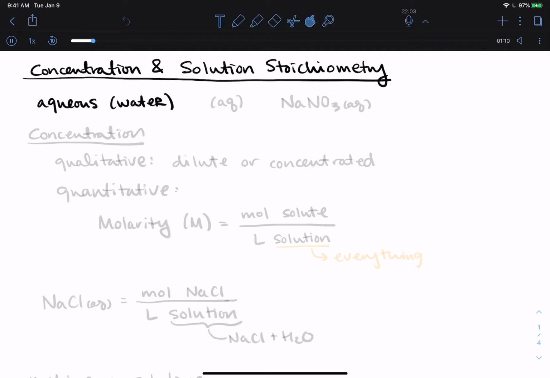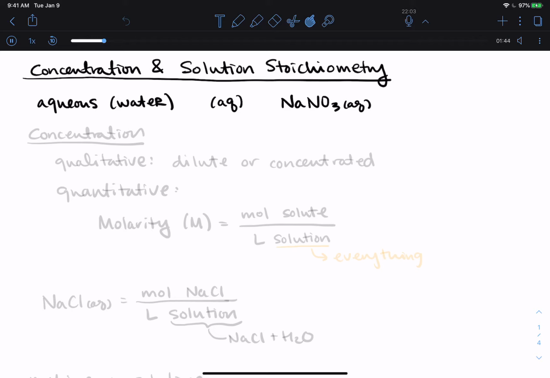And the way that we show that, and this will again come up when we talk about reactions, is we do parentheses with an AQ after the listing of whatever compound is dissolved. So one of the examples that we're going to look at in a little bit is a sodium nitrate solution. So sodium nitrate, the whole formula, if you see an AQ after that, it means that it's dissolved in water.